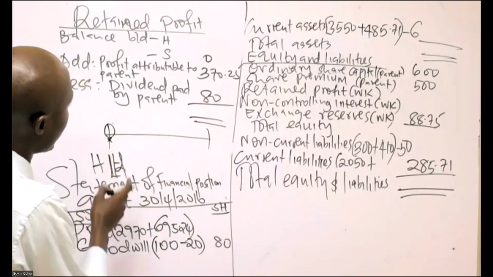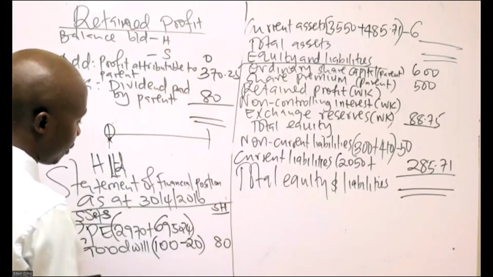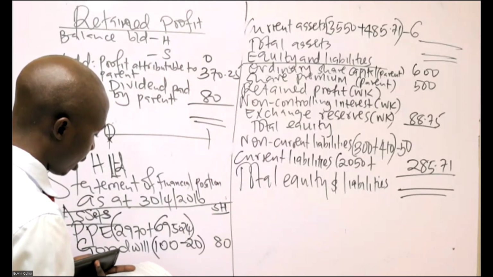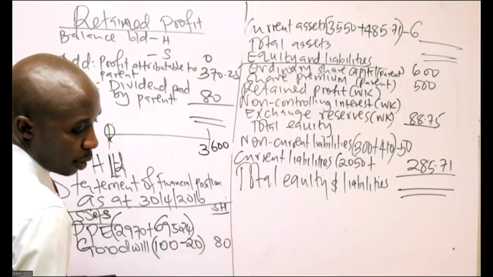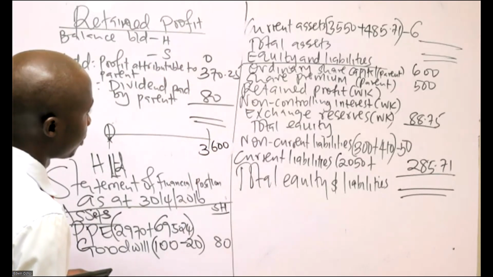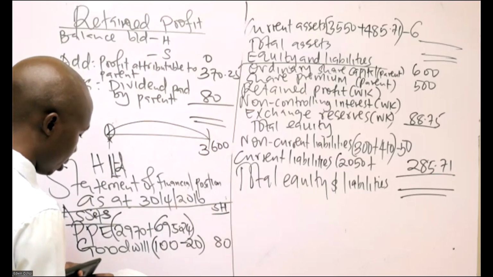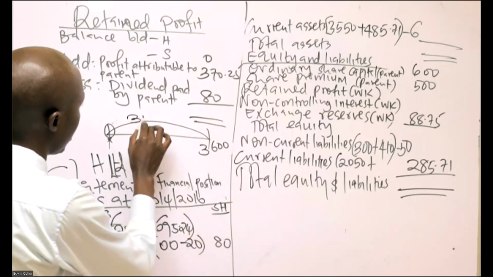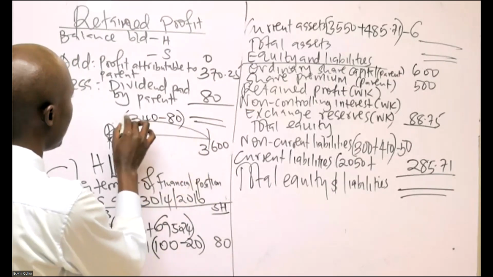There's nothing which has been brought forward from the previous year. For H, as per the balance sheet, we have the profit for the year from the income statement, 340. But this is before they deducted the 80. So we need to deduct this 80.